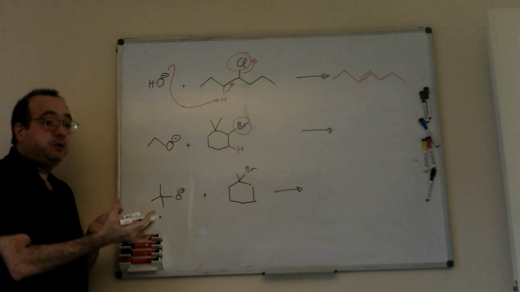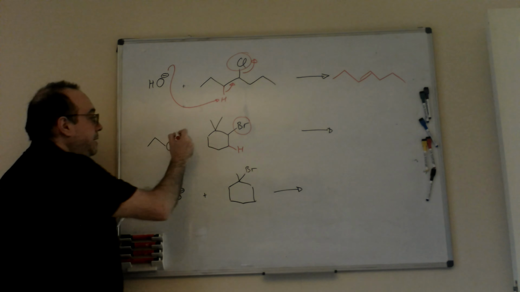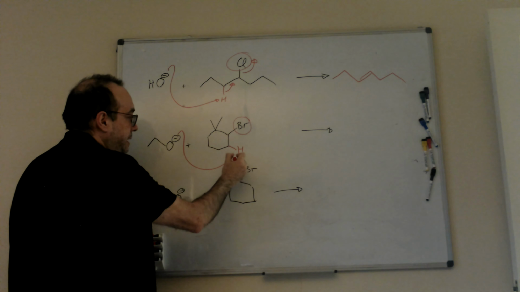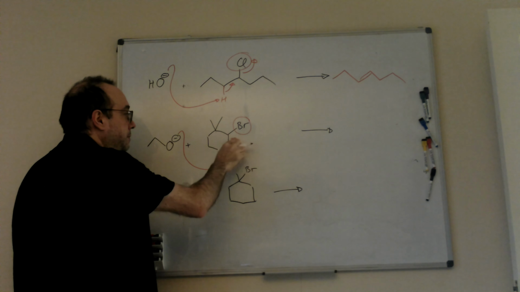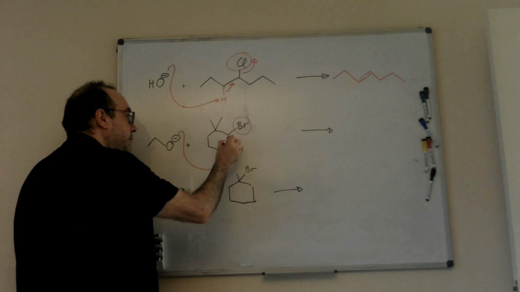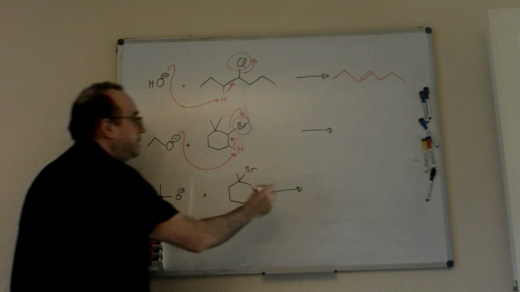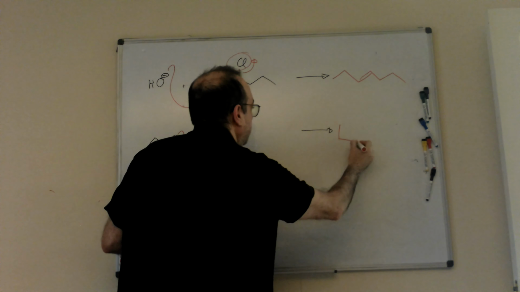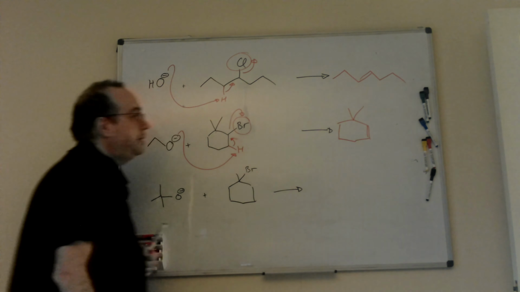And again, it's E2, only one step. Okay, the methoxide is taking the hydrogen. The pair of electrons, hydrogen, are forming the double bond, and the leaving group is departing to form this compound.